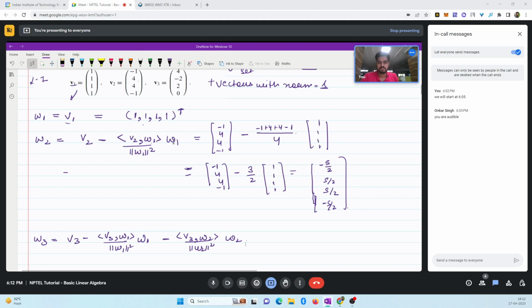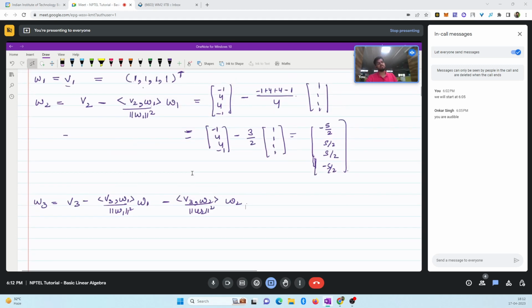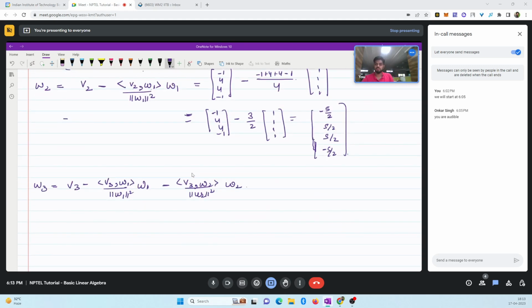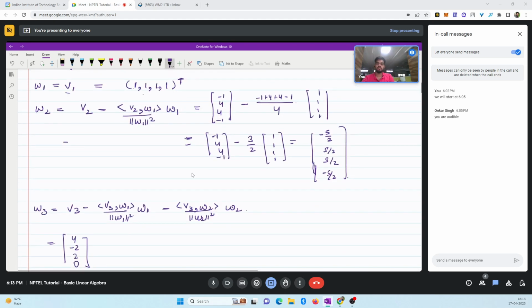So if you write this out and we'll solve this, this is 4 minus 2 to 0. So this is 4 minus 2 to 0. Okay, and you have W1 and W2 that you have obtained over here.